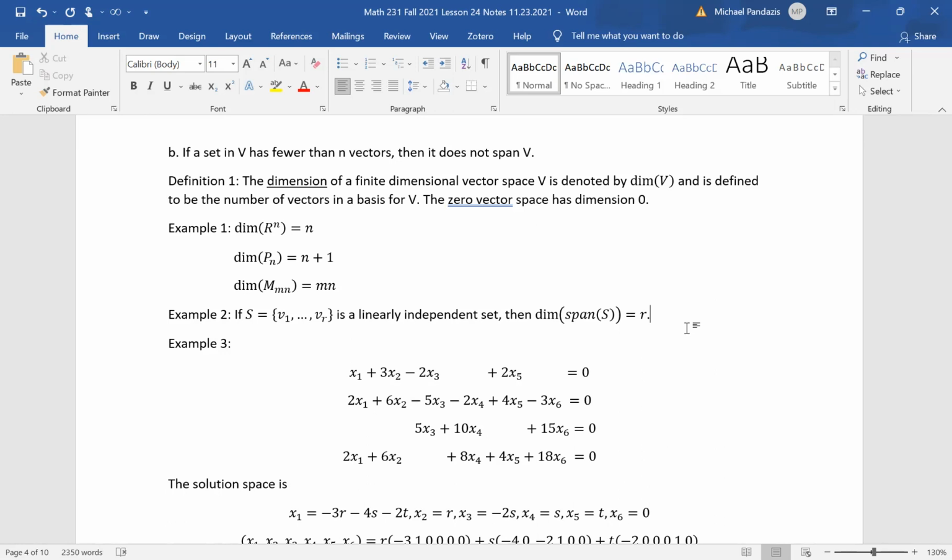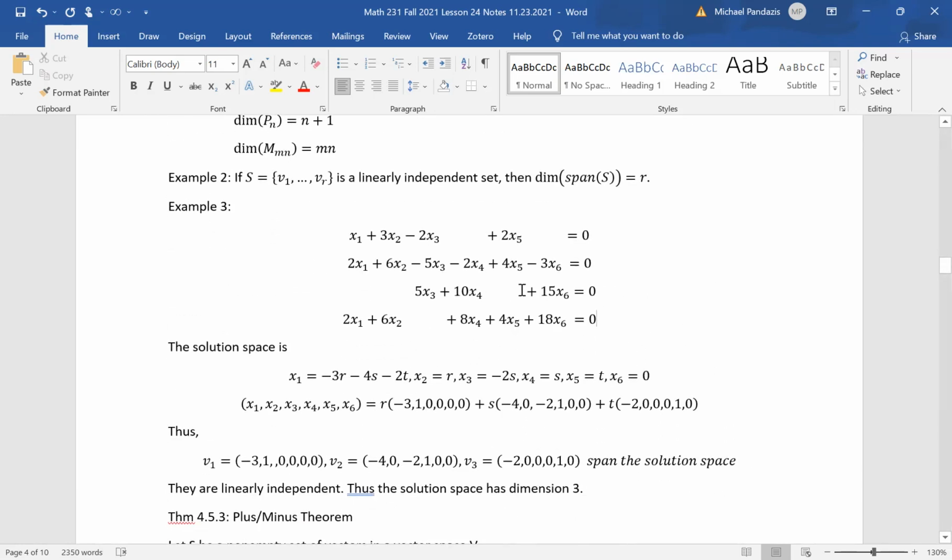Example 3. If you have this linear system, the solution space is x1 equals -3r minus 4s minus 2t, x2 equals r, x3 equals -2s, x4 equals s, x5 equals t, x6 equals 0.